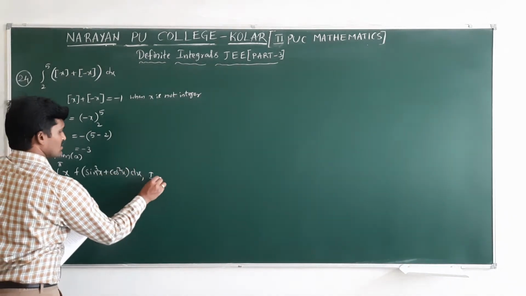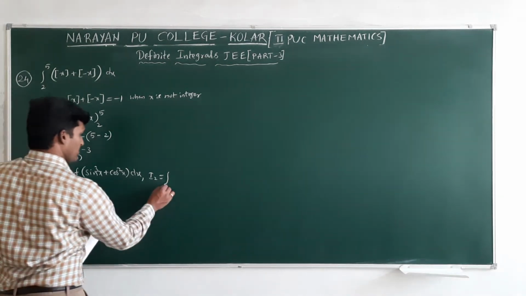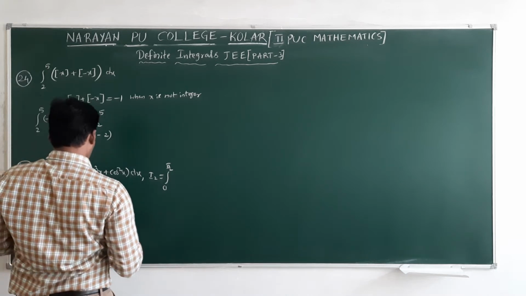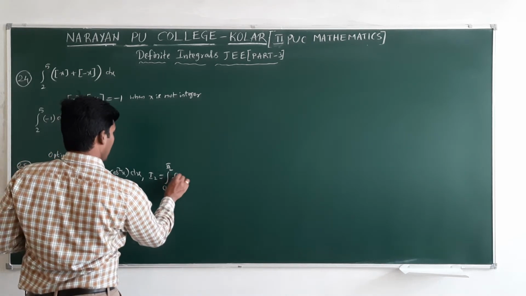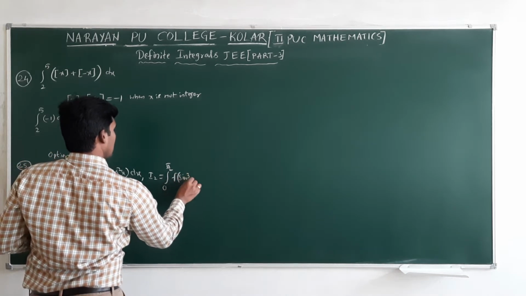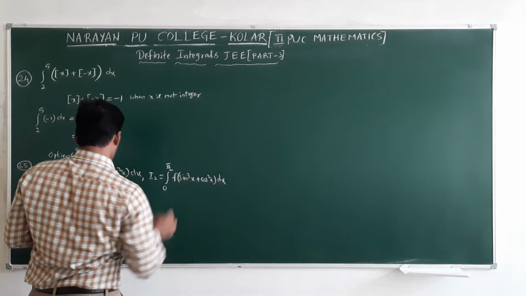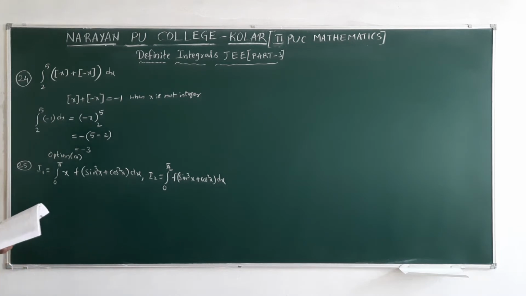I2 is given as integral 0 to pi by 2 of f of sin cube x plus cos square x dx. Here we need to find the relationship between I1 and I2.